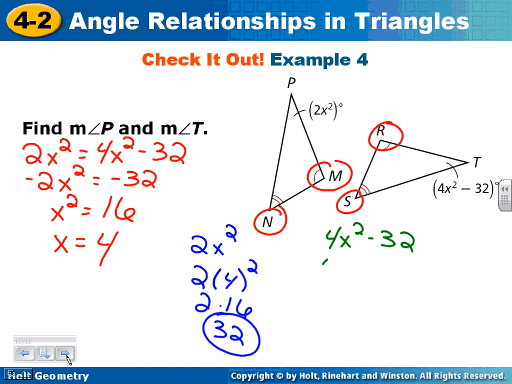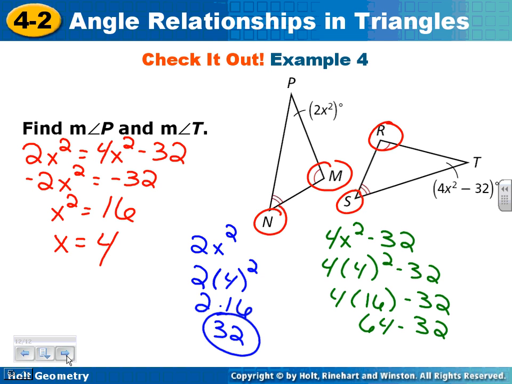Plug that 4 in, so 4 times 4 squared minus 32 is 4 times 16 minus 32, or 64 minus 32, which is an answer of 32. And notice in the blue and the green, those two numbers are the same, and that's supposed to happen because they're my third angles.